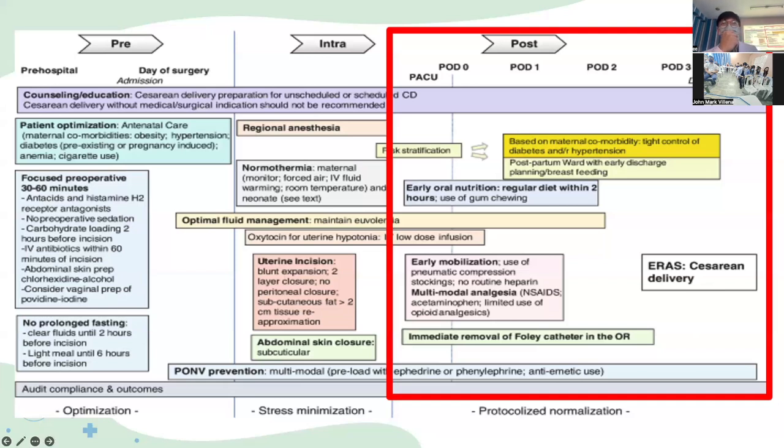Wala po ma'am. Nung tinignan ko po yung guideline na galing sa SOAP mismo, yung guideline. Yes, sir. Yes po ma'am. To, ma'am, prevent po hypotension.